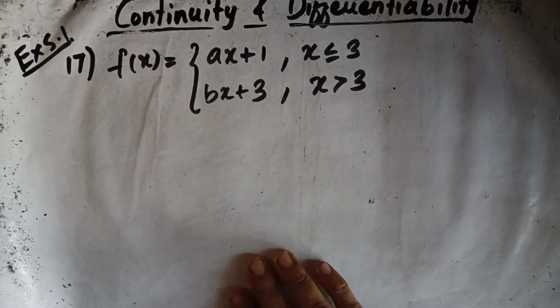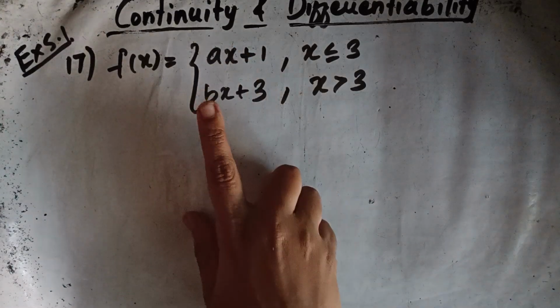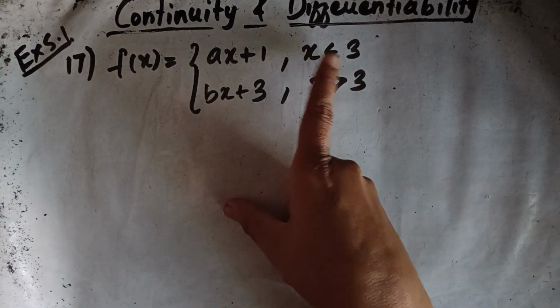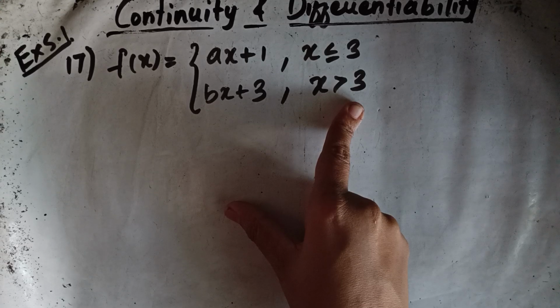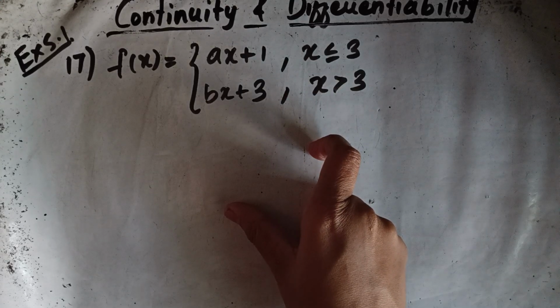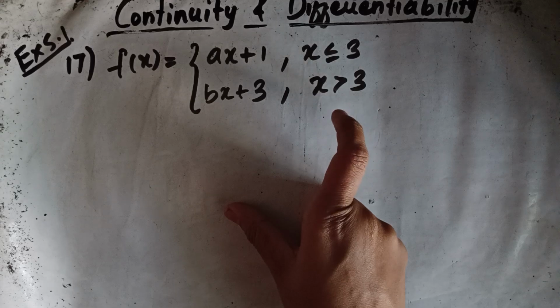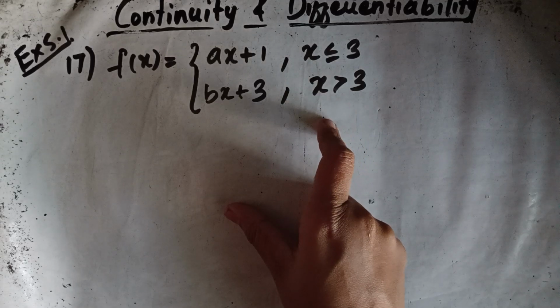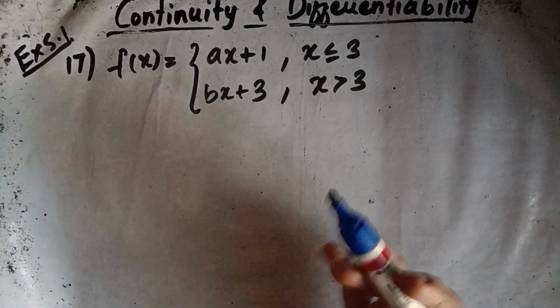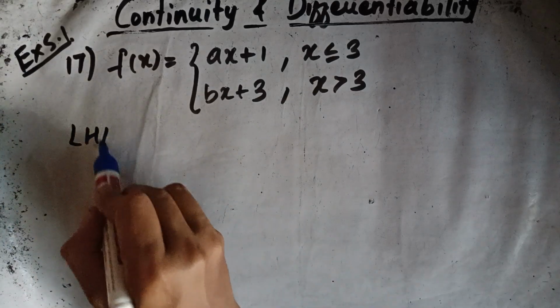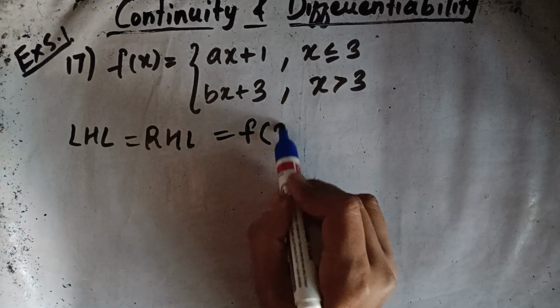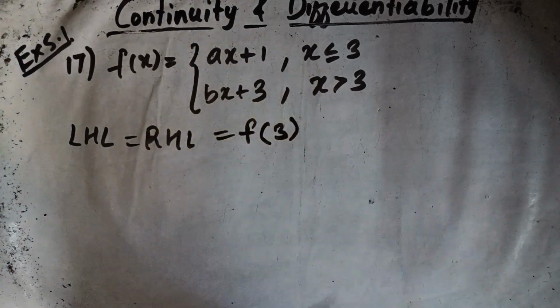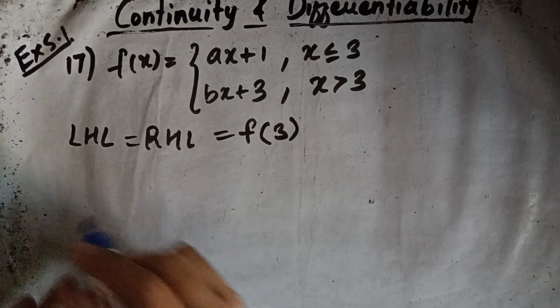Let's solve this. f(x) equals ax plus 1 for x less than or equal to 3, and bx plus 3 for x greater than 3. So you have to find a relationship between a and b. It is given that this function is continuous at x equal to 3. So continuous means what? LHL is equal to RHL is equal to f of 3. So start with LHL.